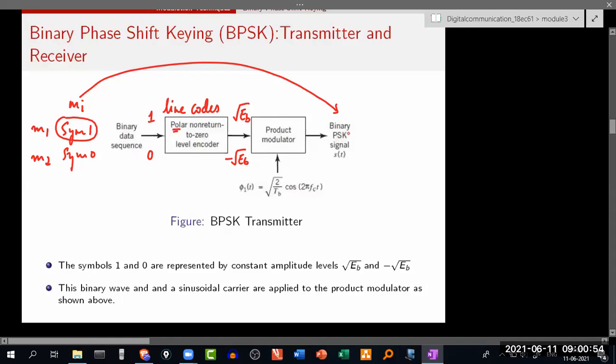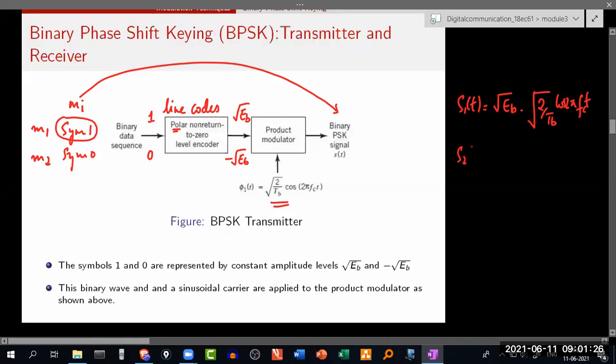And what should I do in order to convert it into signal S of t? All I got to do is take the aid of a product modulator. We have already seen that signal S1 of t is equal to square root of EB into this basis function, which we can extract from a local oscillator, square root of 2 by TB cos 2 pi FCT.